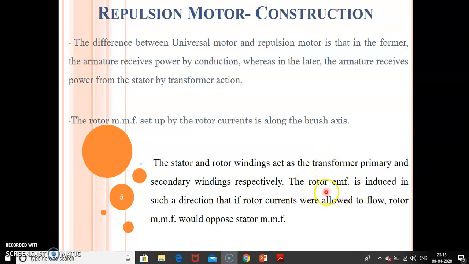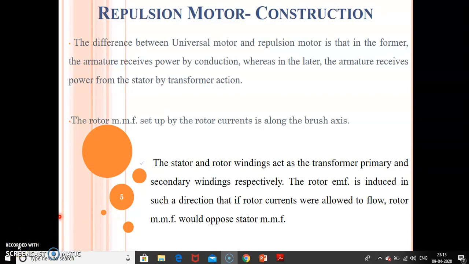The rotor induced EMF is in such a direction that if rotor current were allowed to flow, the rotor MMF would oppose the stator MMF. This is similar to the case we have seen for the transformer. We know that the secondary flux always opposes the primary flux.